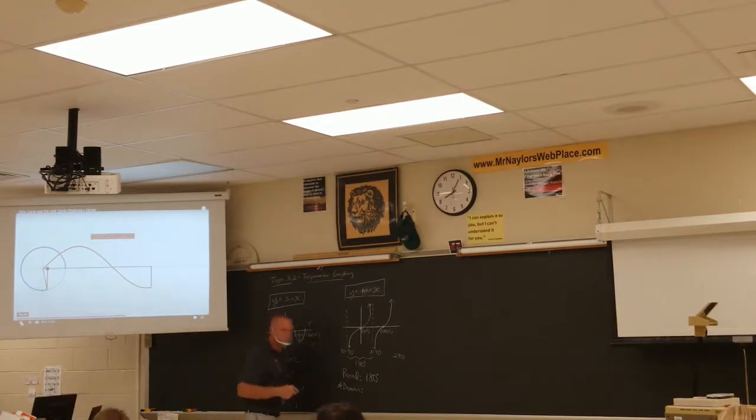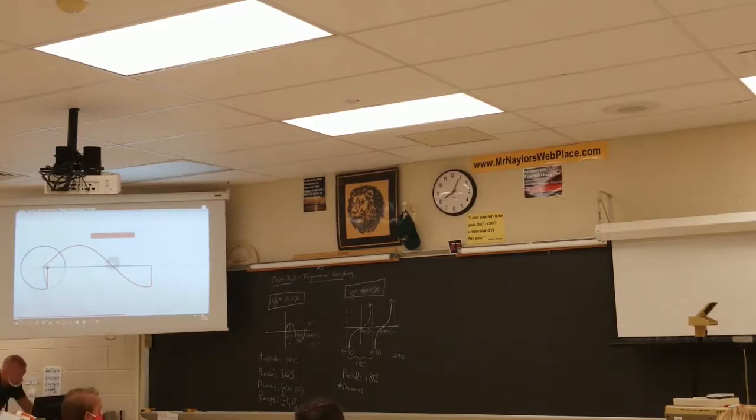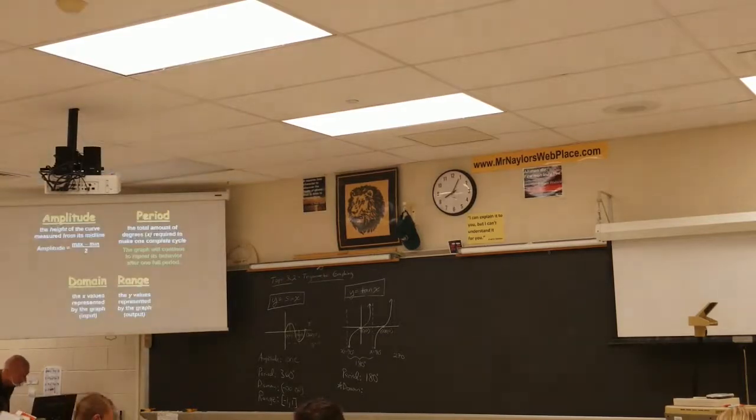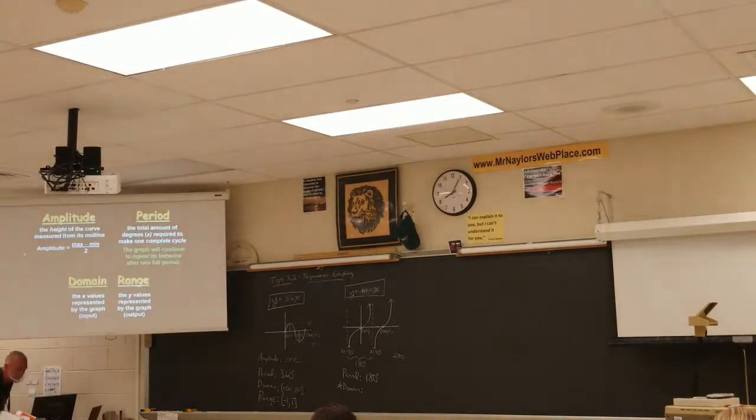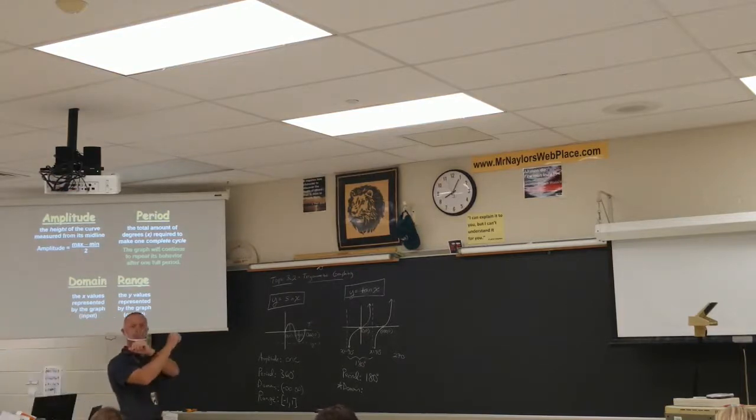The domain is supposed to be the x values, the x values that are part of the graph. But sometimes when we talk about the x values, we actually focus on the x values that you can't use.